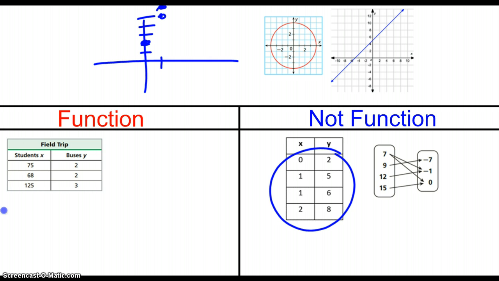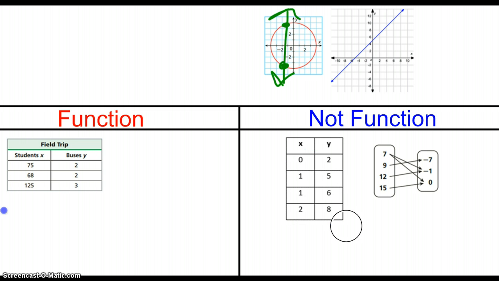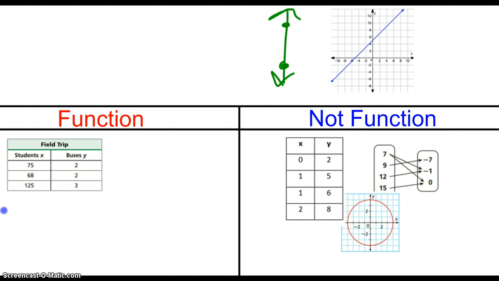If there are points in your graph that are directly above and below each other, that's going to be considered not a function. So when you're looking at graphs, we can do this thing called the vertical line test, where if you draw a vertical line anywhere on your graph and there are 2 points directly above and below each other, that's going to be not a function. So that's how you can look at it as a graph. So this is not a function.